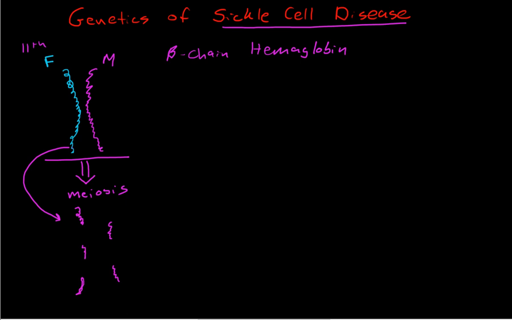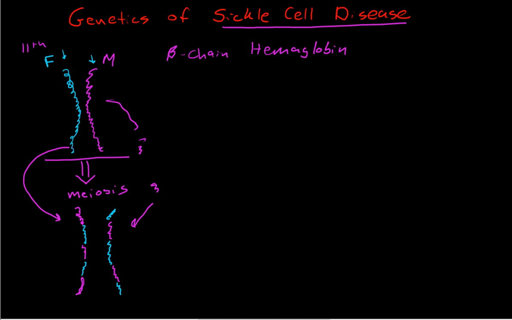This is chopped up into bits and then reformulated here. So we end up with the same 11th chromosome, but you can see it's been mixed and matched so that the father's side and the mother's side get remixed into another form.